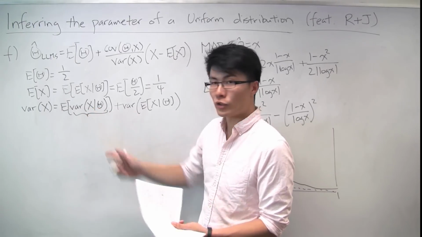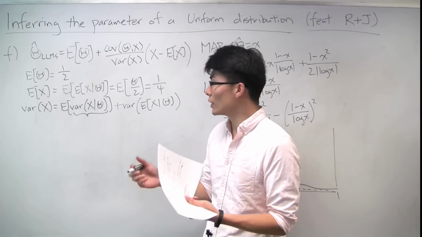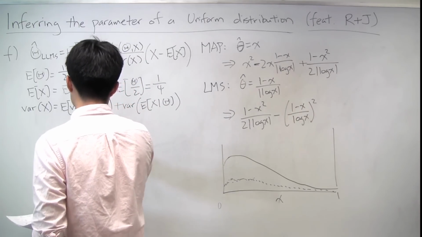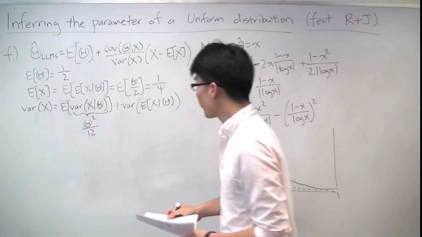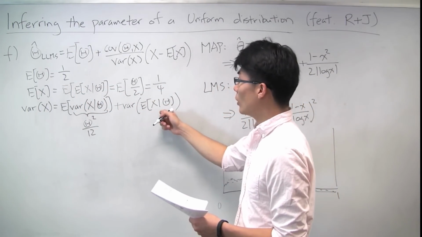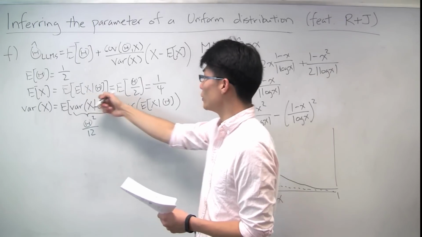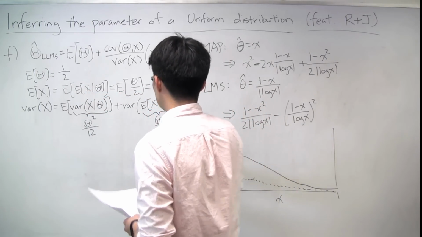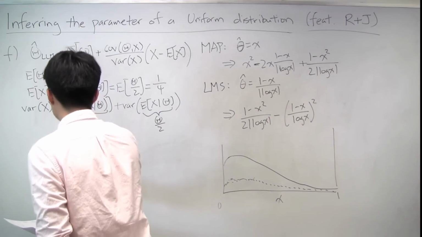Well, it's uniformly distributed between 0 and theta, so the width is theta. So this variance should be theta squared over 12. Okay. What about the expectation of x given theta? Well, we already argued earlier that the expectation of x given theta is just theta over 2. So now let's fill in the rest.